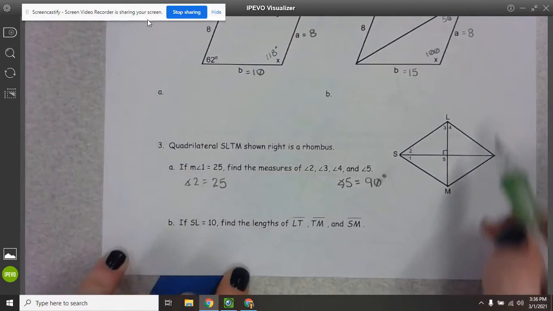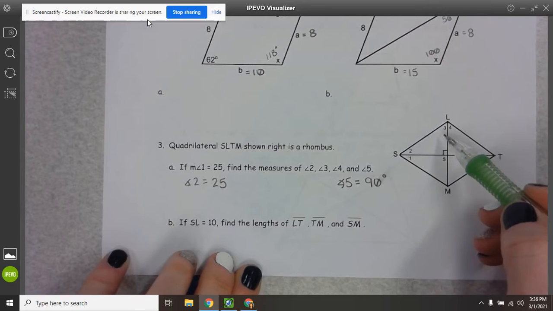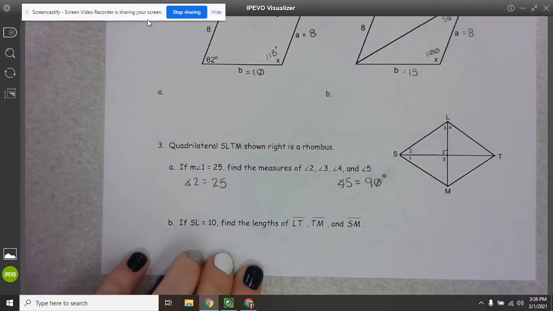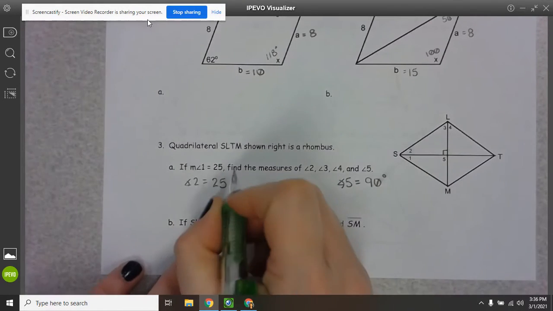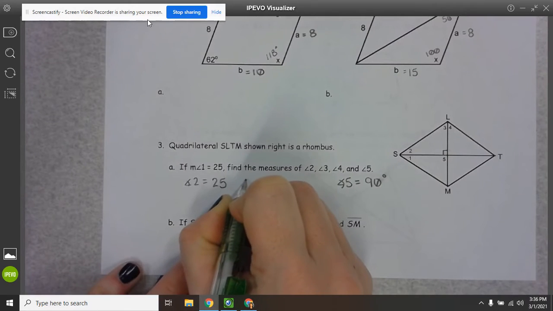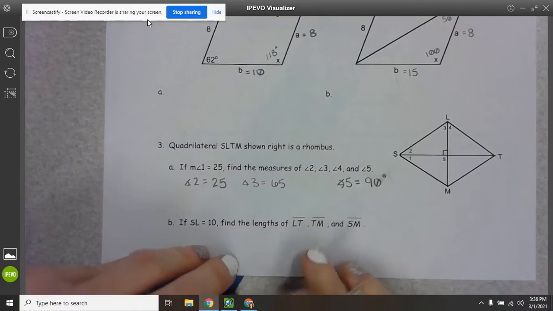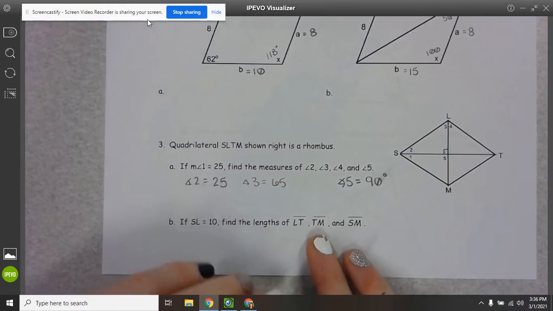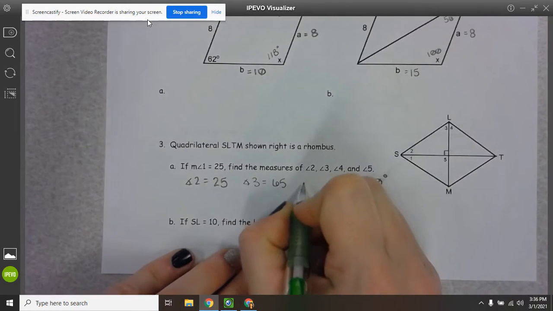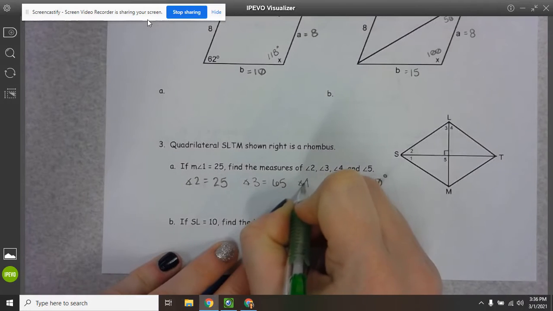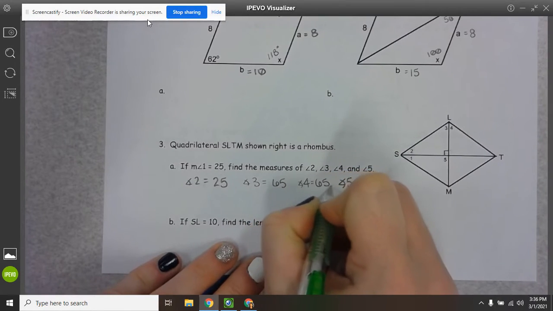Now to find angle 3, since this is a triangle, I'm going to do 180 minus 90 minus 25. So angle 3 is 65, which means angle 4 is also 65.